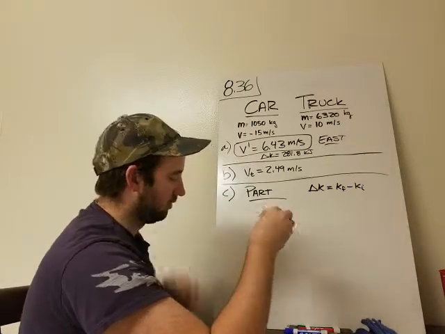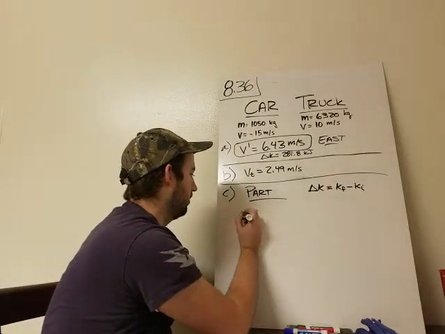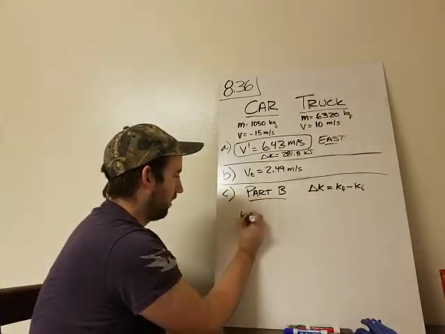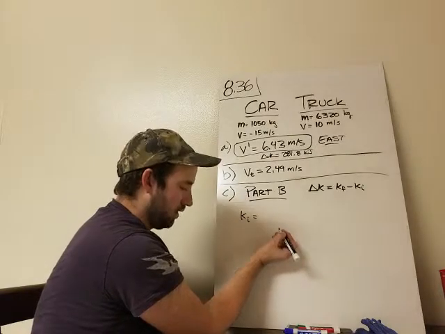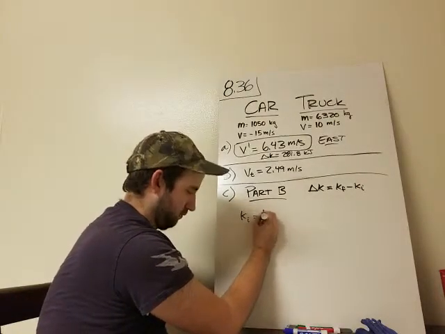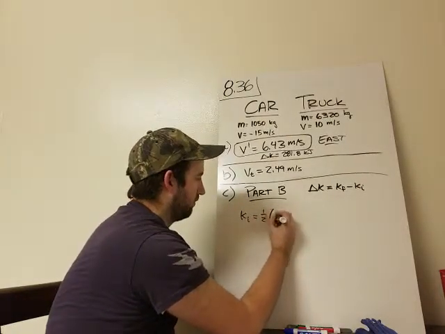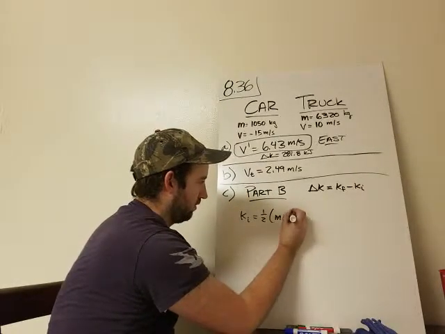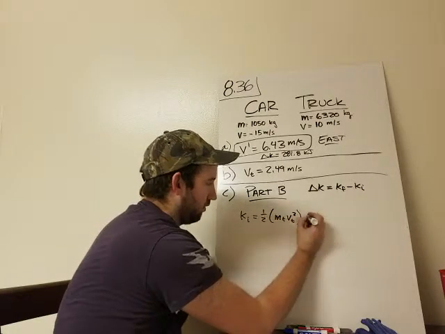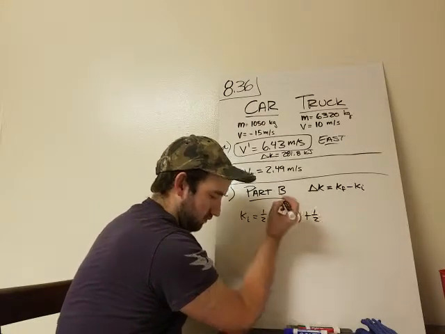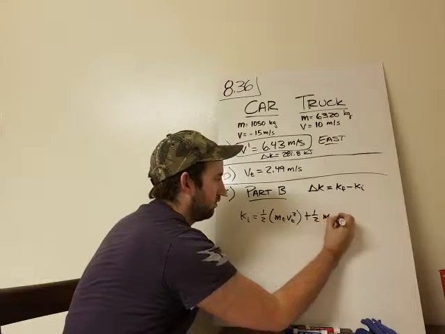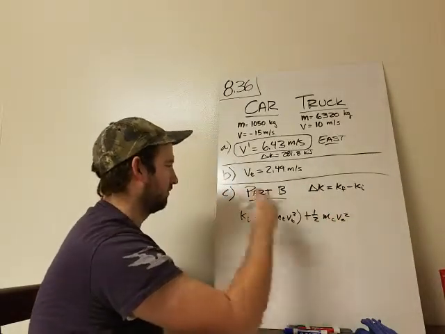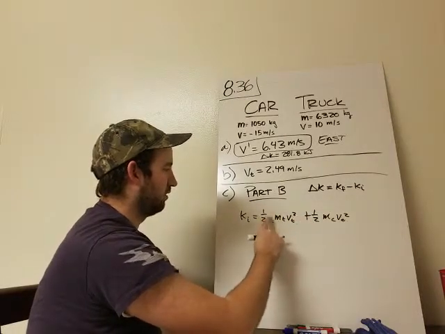So that's going to mean the same formula here, part B. So Ki is going to equal 1/2 mtvt squared plus 1/2 mcvc squared.